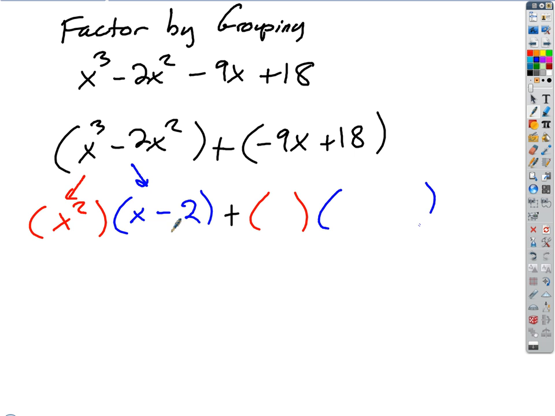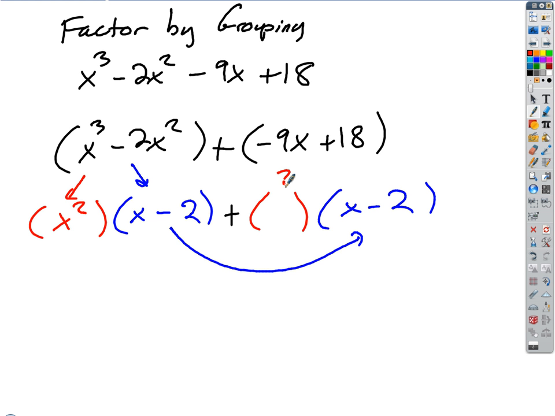Whatever I get from my leftover here has to be reflected in group 2. It has to be the same. So we don't know that it's going to work yet, but if it does work, that has to be an x minus 2. So then the only question remaining for us is just, does it work?